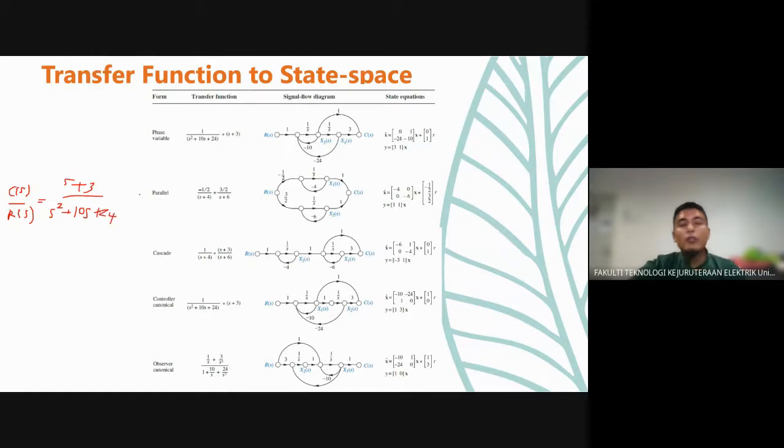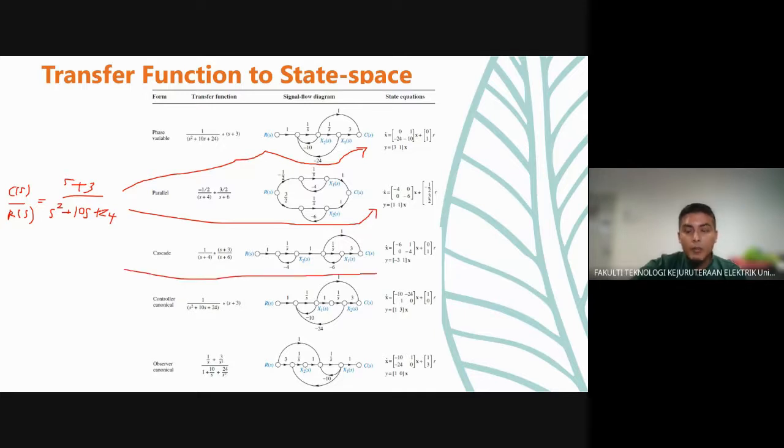You only have one transfer function. However, you can convert it to this form: phase variable. The same transfer function you can also convert to the parallel form, the cascade form, the controller canonical form, and finally the observer canonical form.